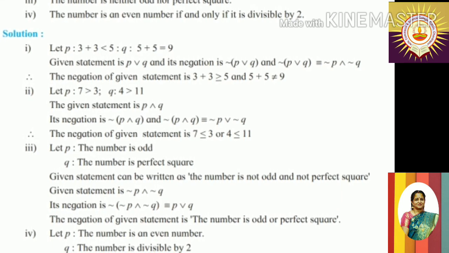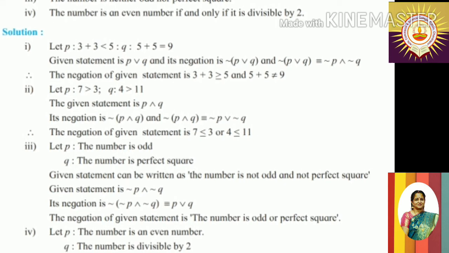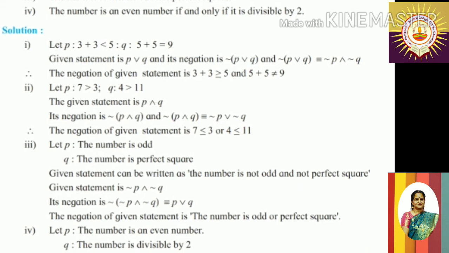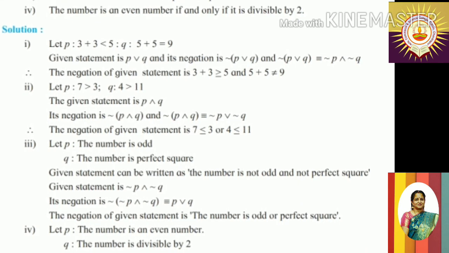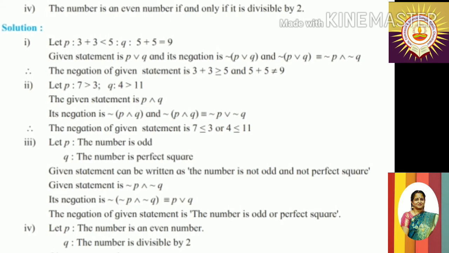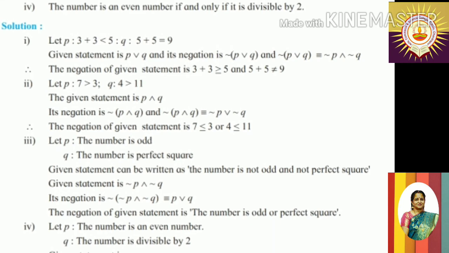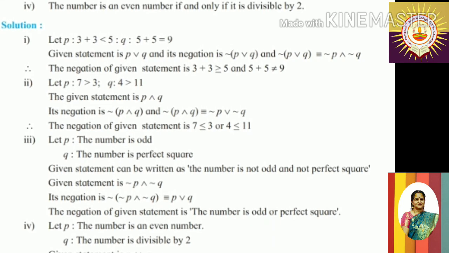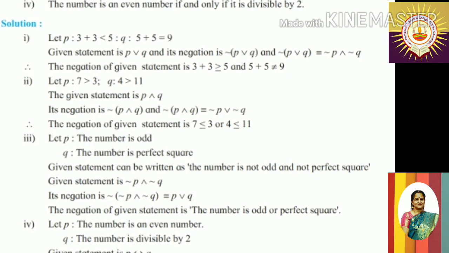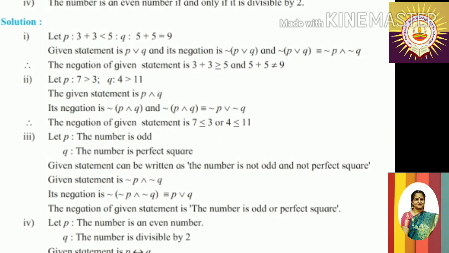The second example, 7 greater than 3 and 4 greater than 11. Here also there are two simple statements, 7 greater than 3 and 4 greater than 11. So write down, let P be 7 greater than 3, Q be 4 greater than 11.